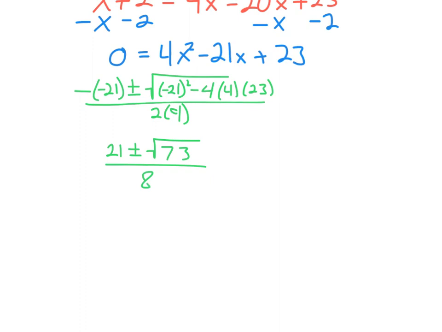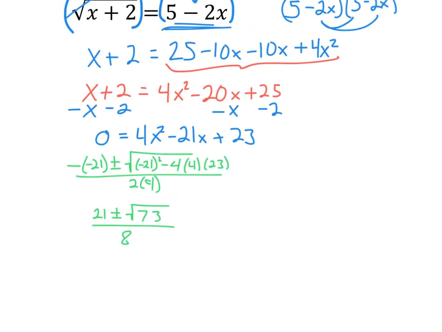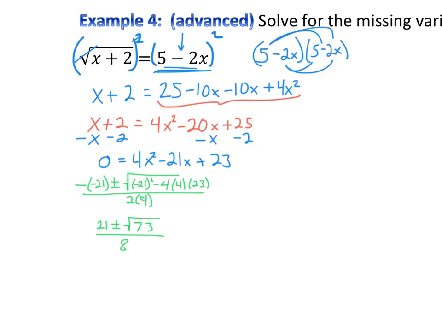And unfortunately, 73, I don't think you can get any factors of. Yeah, we're not going to be able to do any real factorization with it. So 21 plus or minus the square root of 73 over 8 is our two possible answers.